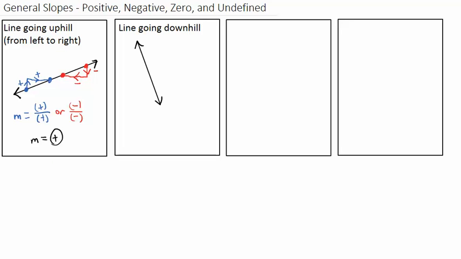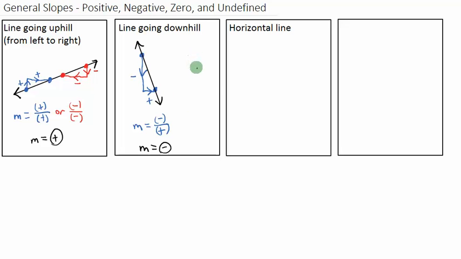Okay, so if I look at this line and I pick this point and I rise negative and run positive, then my slope will be a negative divided by a positive, which of course tells us that we get a negative slope because a negative divided by a positive is negative.